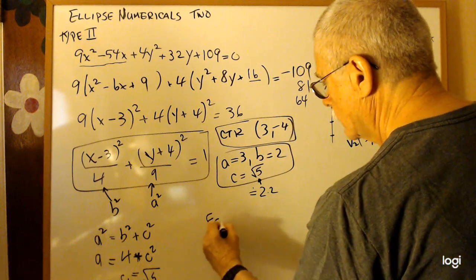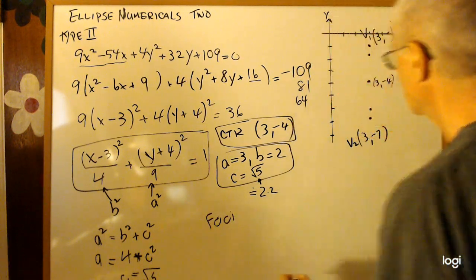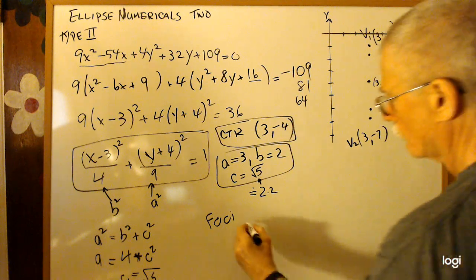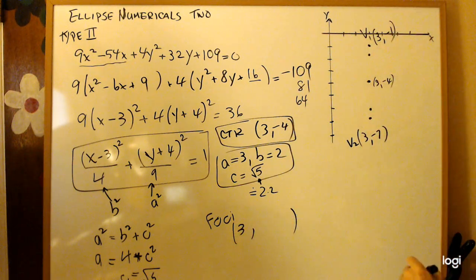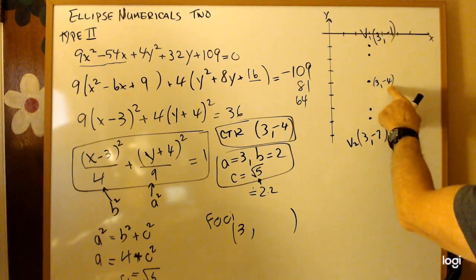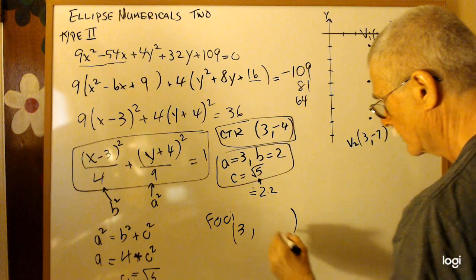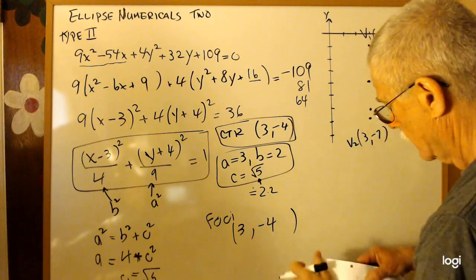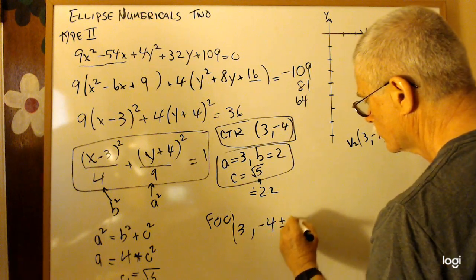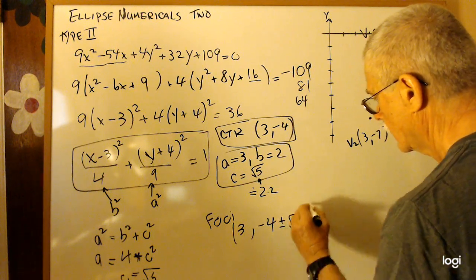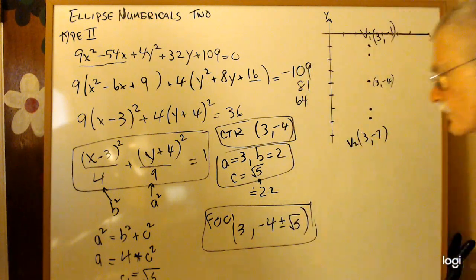The coordinates of the foci: the x values are 3, and the y values are up and down radical 5 units from the y value of the center. So it would be -4 plus or minus square root of 5. So those are the foci.